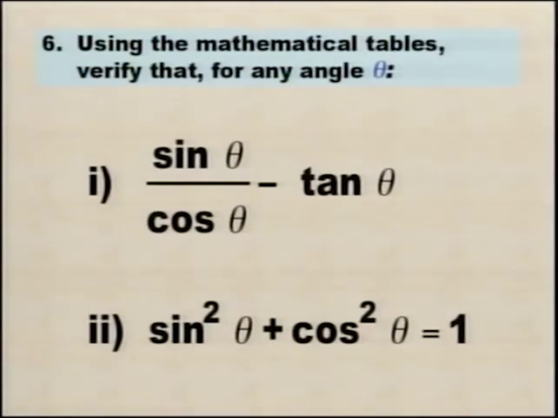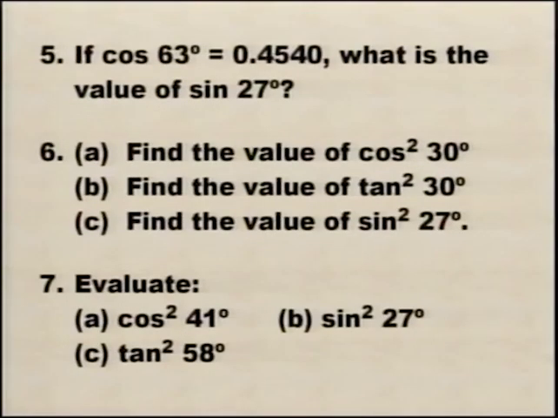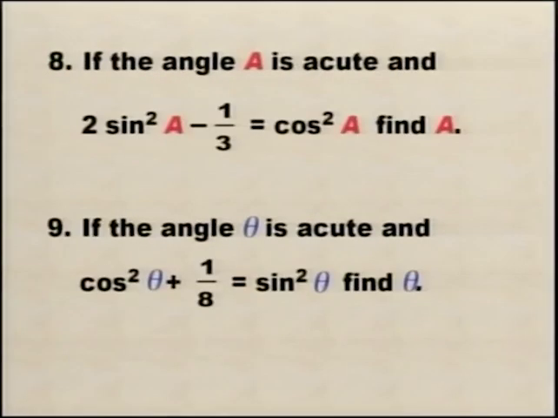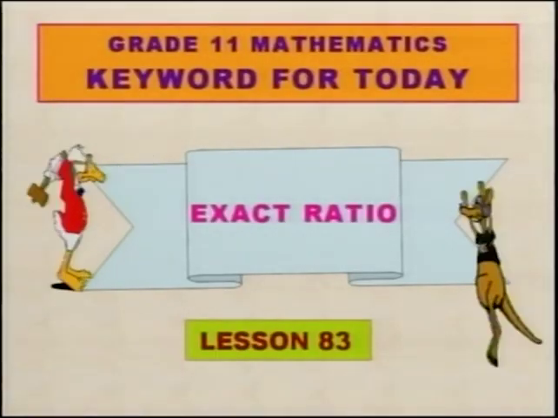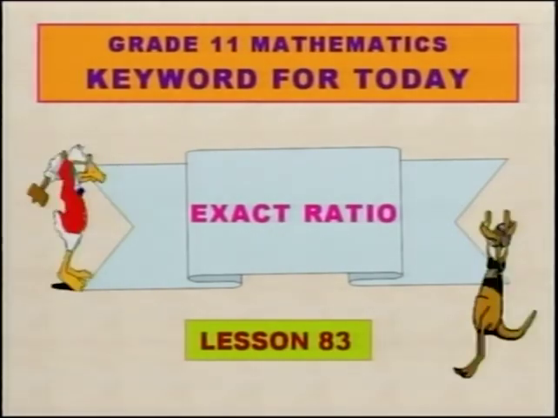And then there's question 6, 1, 2. And then there's an exercise in your textbook, 38.4, questions 1, 2, 3, 4, 5, 6, 7, 8, 9. And so you've got a lot of homework to do. You'll have enough time to do that work.